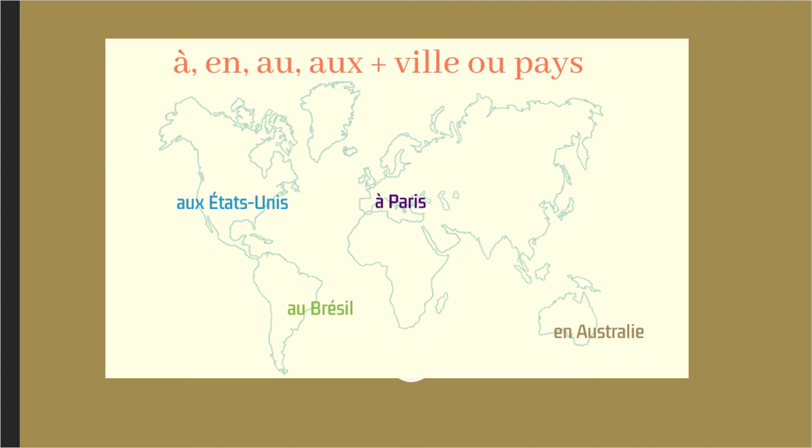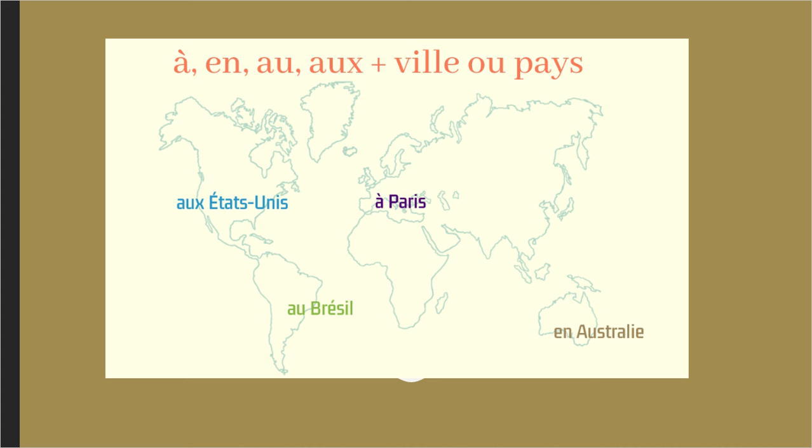Okay, now we are dealing with the prepositions which we use for countries and places. These are a little bit tricky because there exists no one-to-one correlation between English and French translations.